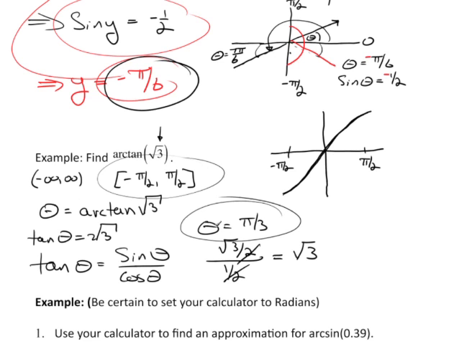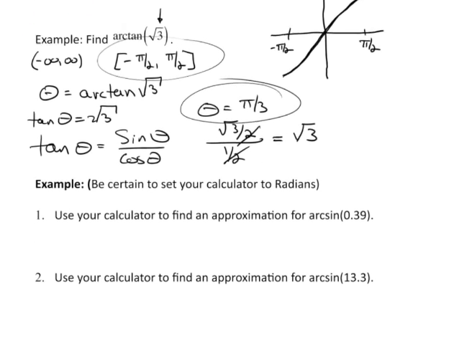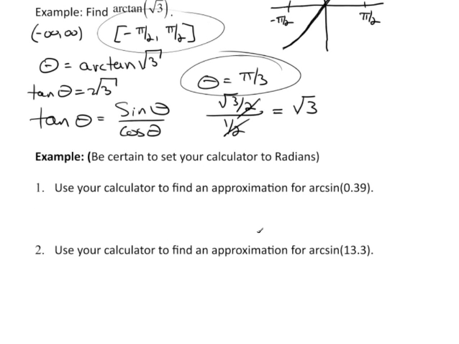Now, these are exact answers because they're common angles. Very commonly, depending on the work that you're actually doing, you may not end up with a common angle. So, first thing I need to do is make sure that your calculator is set to radians. And we want to use the calculator to find the approximation for arcsine of 0.39. If you just hit the arcsine key of 0.39 in your calculator, and if it's a TI-83 or 84, it's going to look just like that, sine inverse.